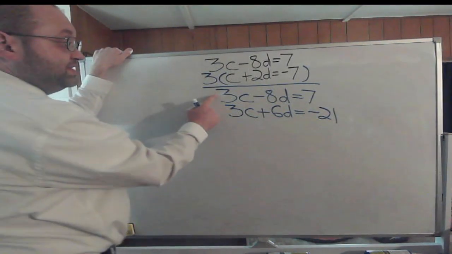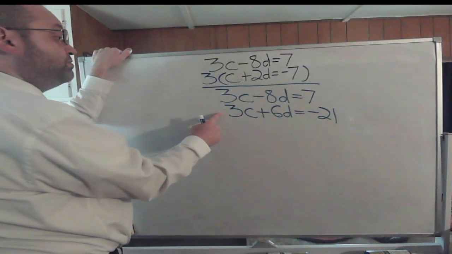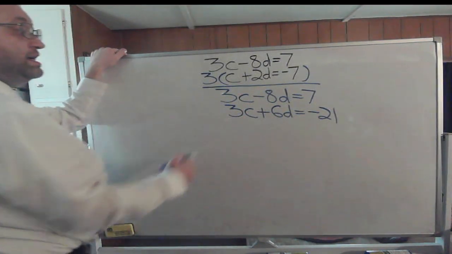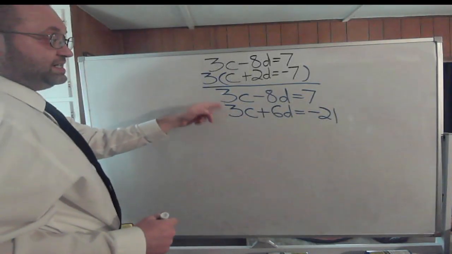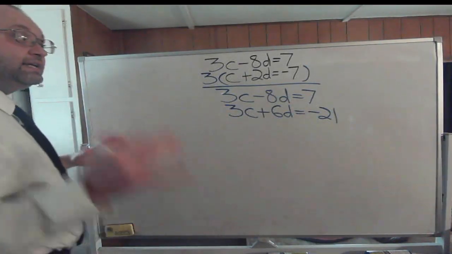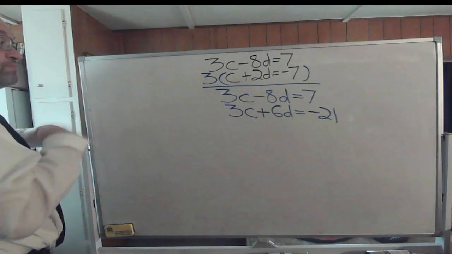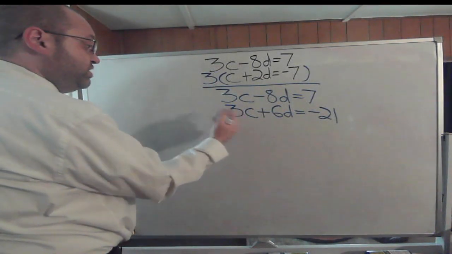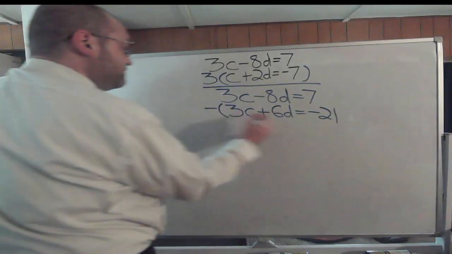Well, now with the c's, we at least have one variable with the same coefficient. That means if we subtract 3c from 3c, we can temporarily eliminate the c's. So now that we've done the multiplication and figured out the new equation, let's subtract the second equation from the first.